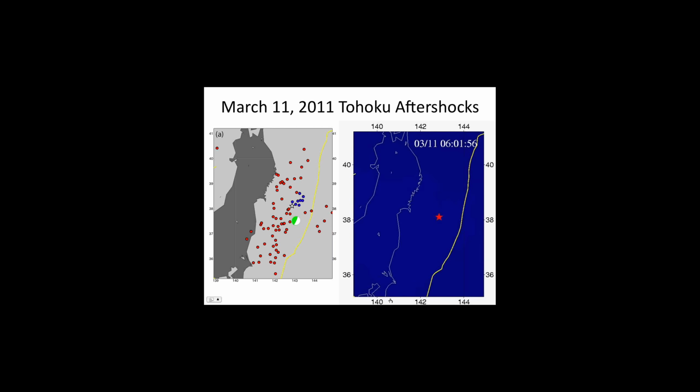So that's in the paper we wrote on the Tohoku event. I think we estimated something like 70 bars for this event, based upon those two values.